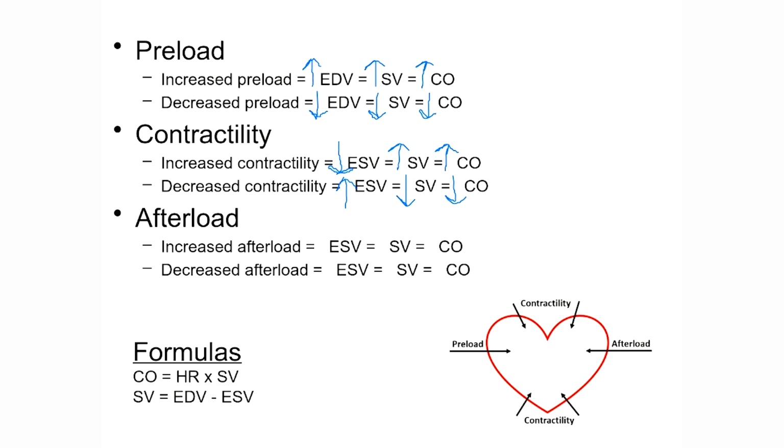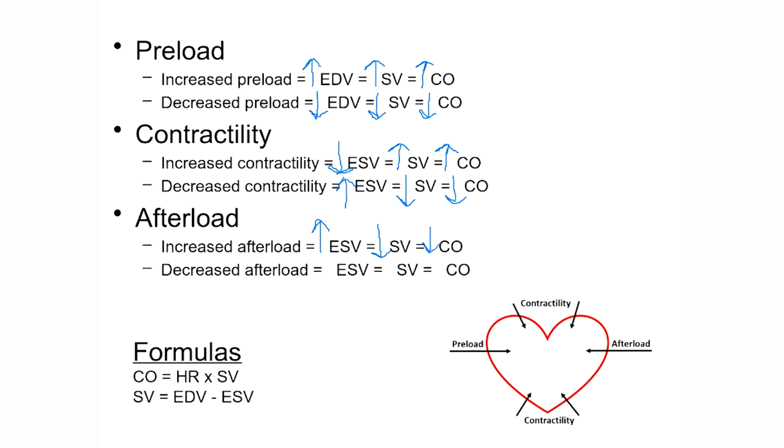If that's the case, if it's harder for it to move blood, we're going to see more blood remaining in the heart at the end of systole, and that's going to increase our end-systolic volume. When we increase the end-systolic volume, that's going to cause our stroke volume to decrease, because in this case, more blood staying in the heart, less is actually making its way into the aorta. If the stroke volume decreases, now we're going to have a corresponding decrease in cardiac output.